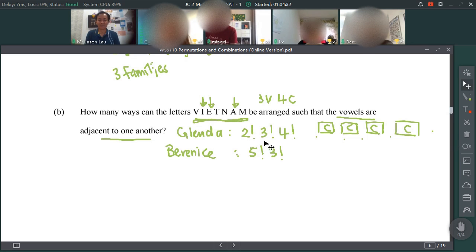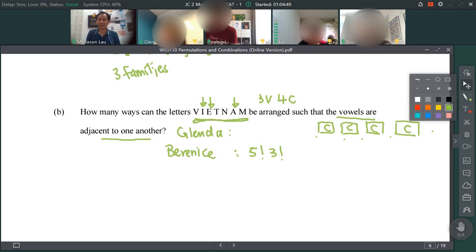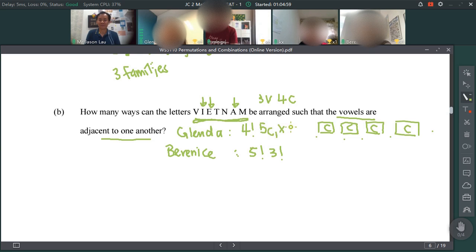Grander's method is 4 factorial times 5 choose 1 times 3 factorial.